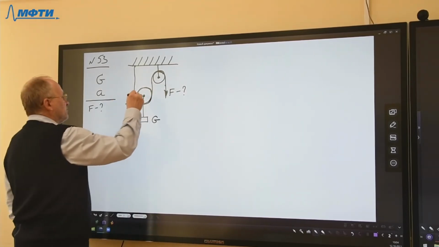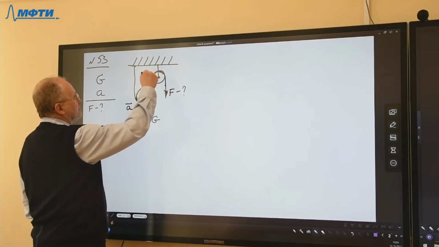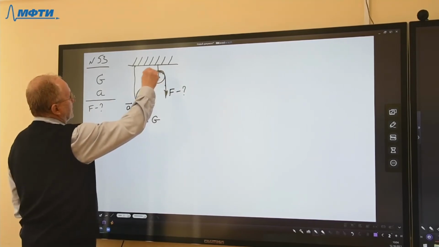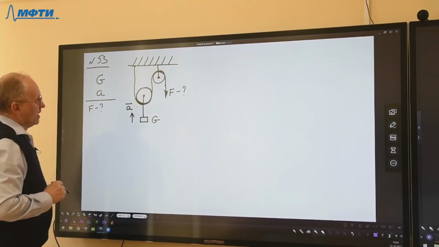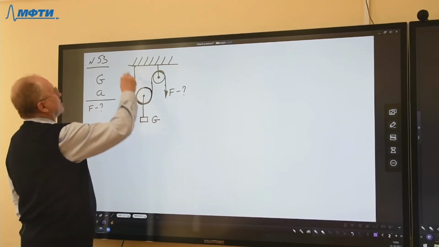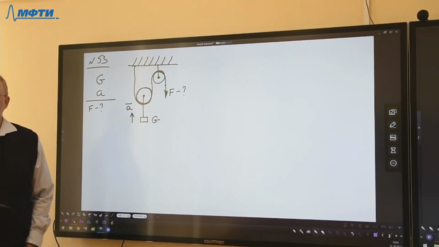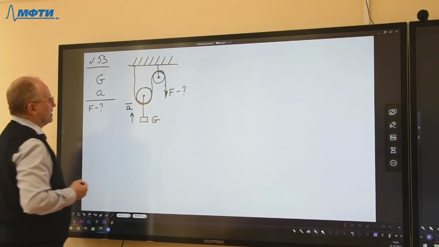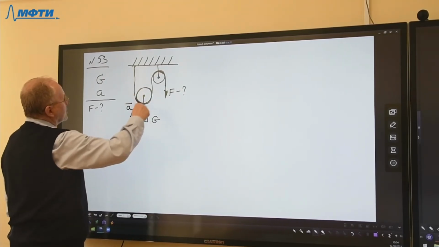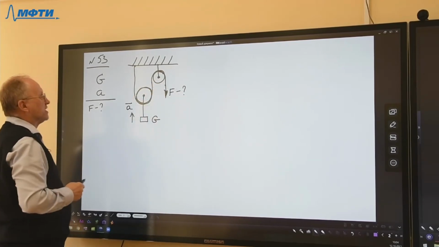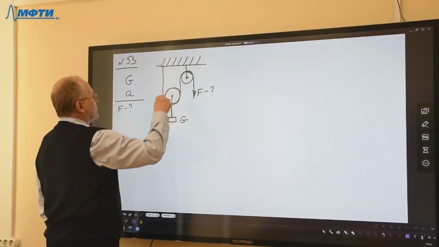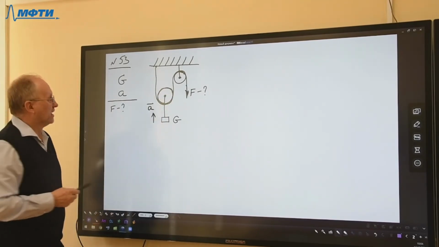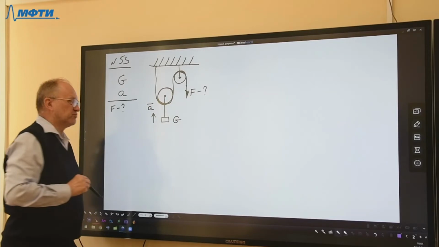So the pulley may rotate freely without friction, and the mass of the string is zero or negligibly small. In such problems, we consider negligibly small mass of the string, negligibly small mass of the pulley, and negligible friction at the axis of each pulley.